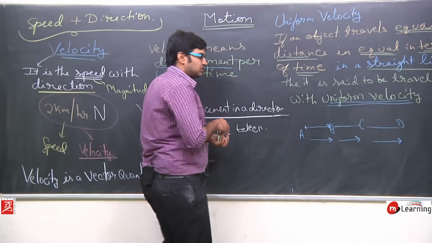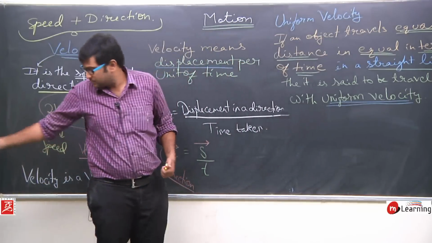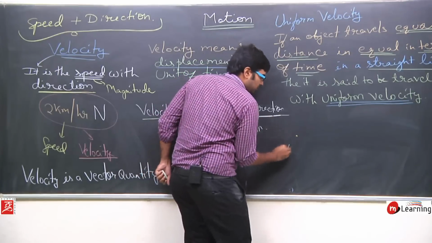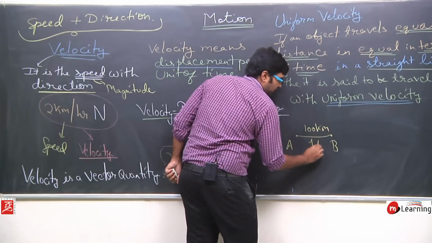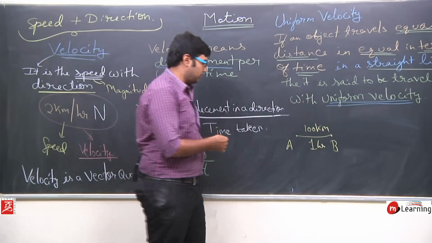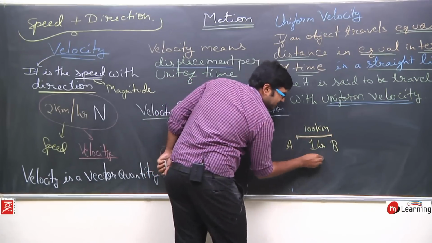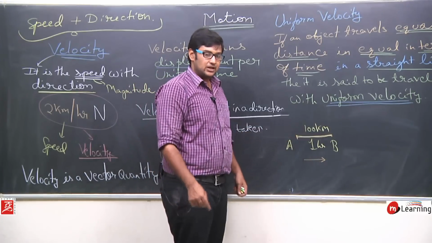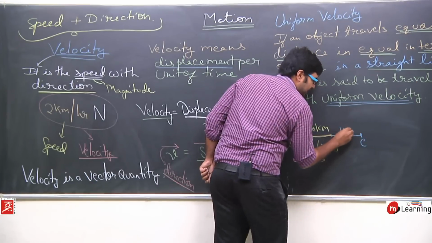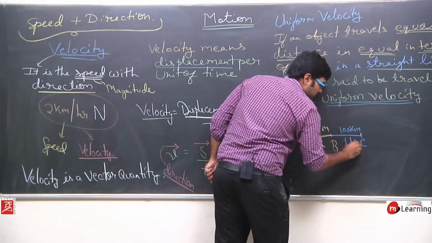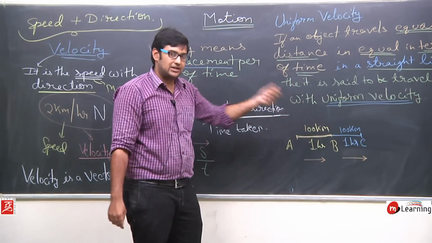Now let's understand this concept as well. Let's say an object travels from point A to point B, that is 100 kilometers in 1 hour, in this direction. Again the object travels from B to point C, 100 kilometers in 1 hour, in the same direction.